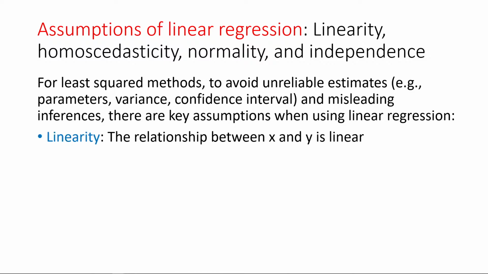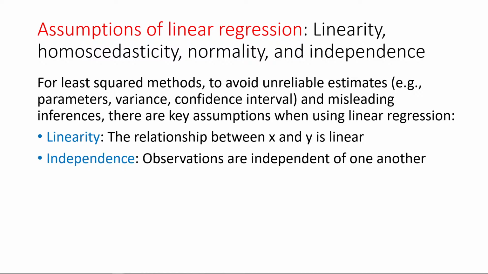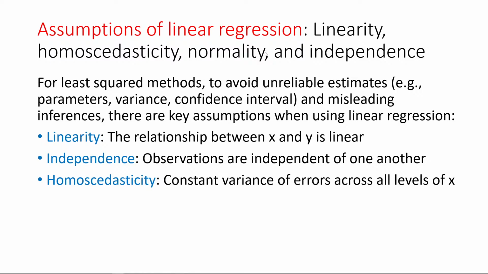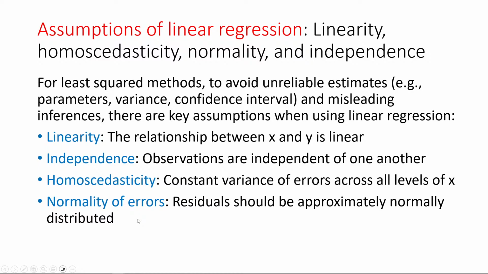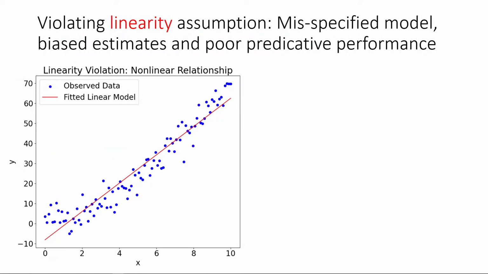So linearity: the relation between x and y is linear. Independence: observations are independent of one another. Homoscedasticity: constant variance of error across all levels of x. And normality: residuals should be approximately normally distributed.